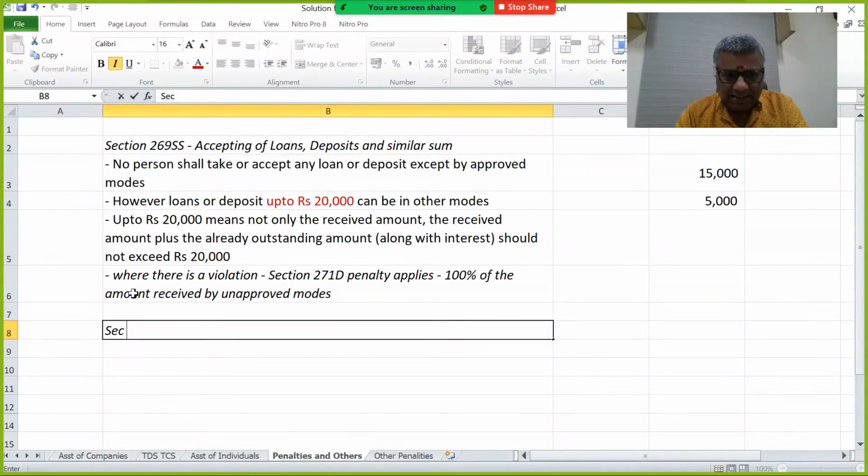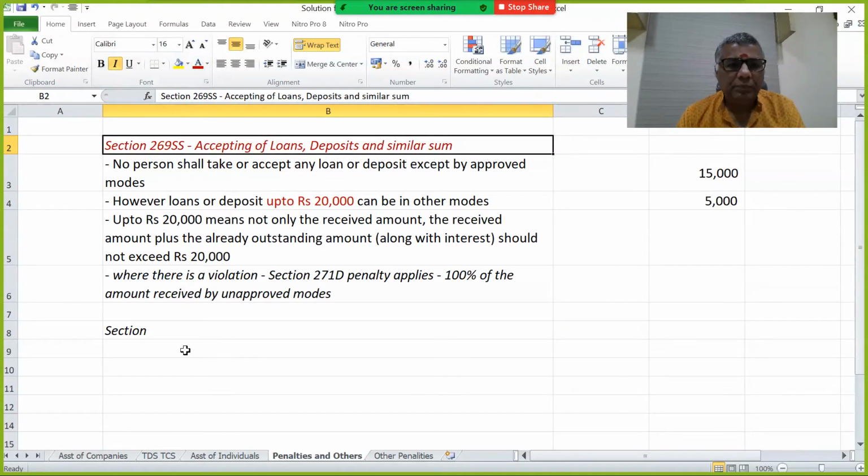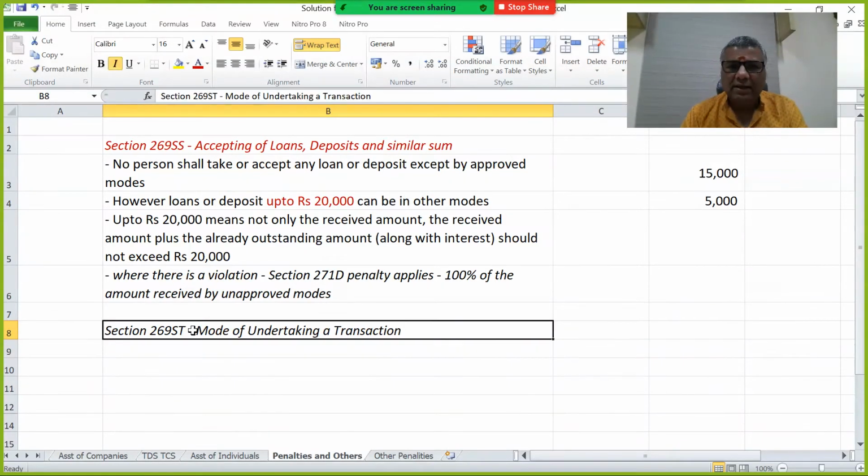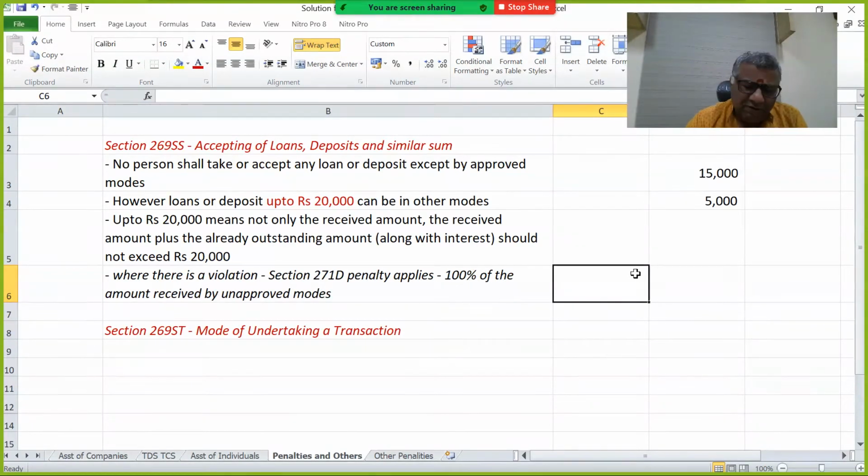Next comes section 269ST, the mode of undertaking a transaction. That is every transaction which is not covered under 269SS on loan transactions, like sale of goods; everything is covered here.